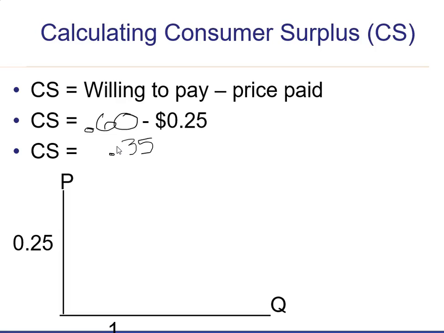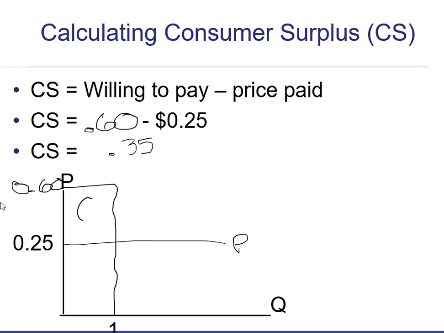So on a graph, the price of the item was 25 cents, and they're willing to pay more than that. The student was willing to buy the first pack of crackers for 60 cents, so that's the first unit.